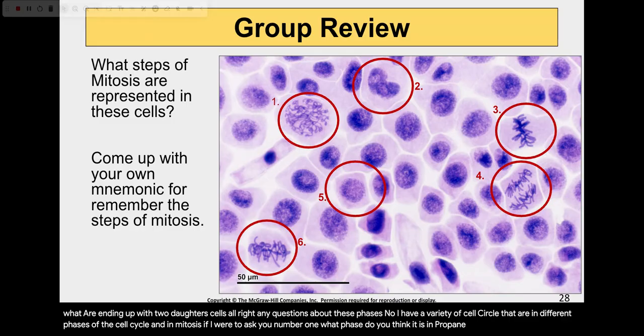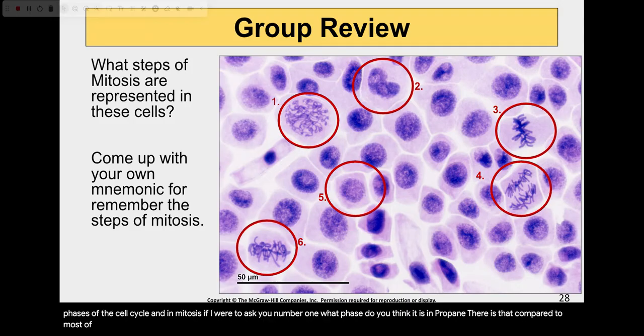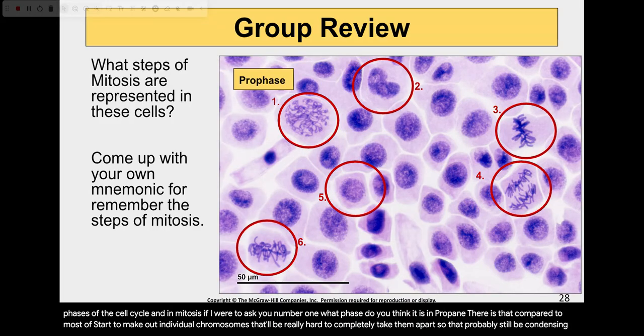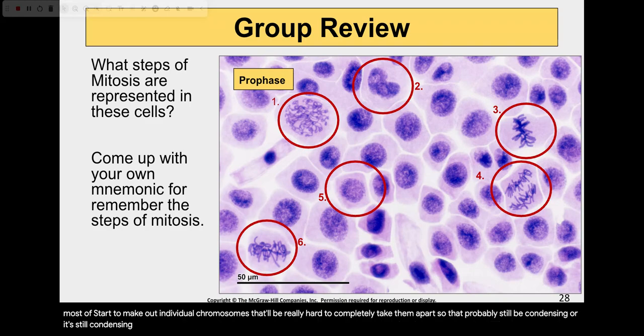I would say this one is in prophase. Right, so the clues that led me there is that compared to most of the other cells here, these chromosomes look like they're starting to condense. I can start to make out individual chromosomes. Now it'd be really hard to completely take them apart, so it's still condensing, right? But I would say this is entering into prophase.